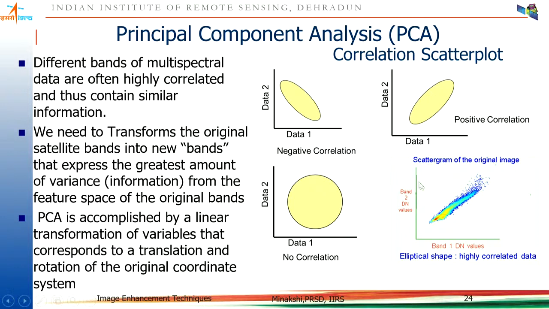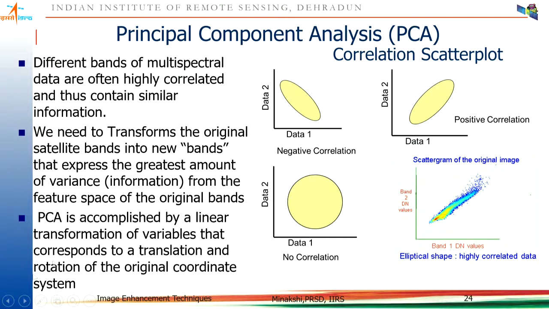So this is the example which I have taken of my particular data, the satellite image which I have been showing you throughout. So this is band 1 versus band 2, and you can see there is a very tight ellipse. It's a very highly positive correlated data.